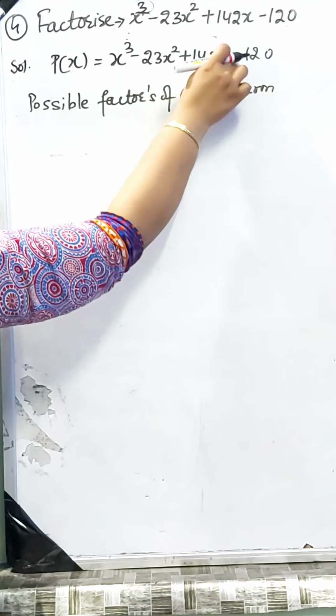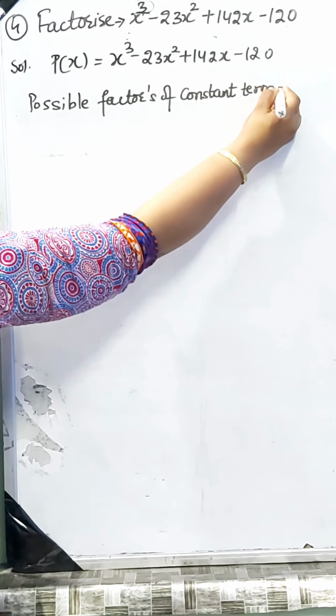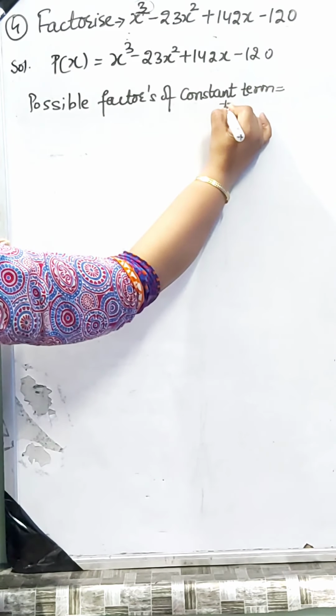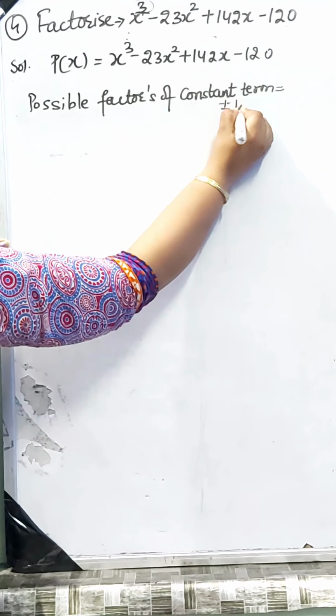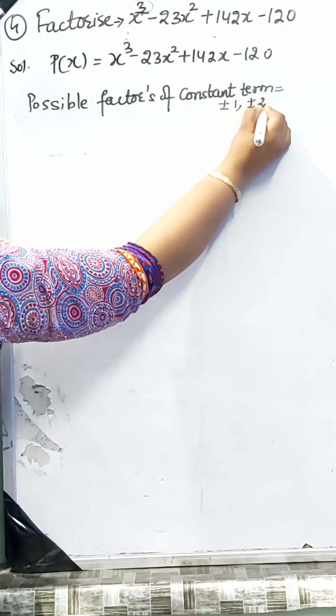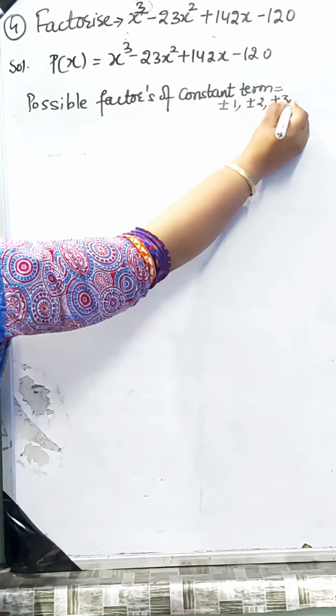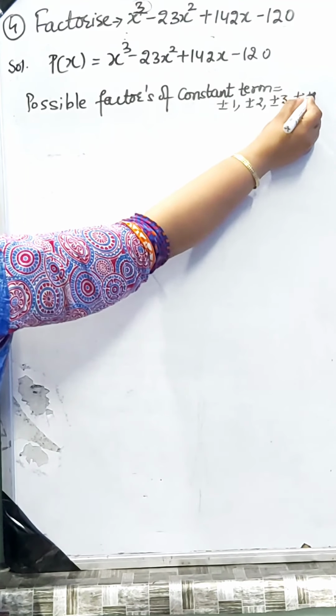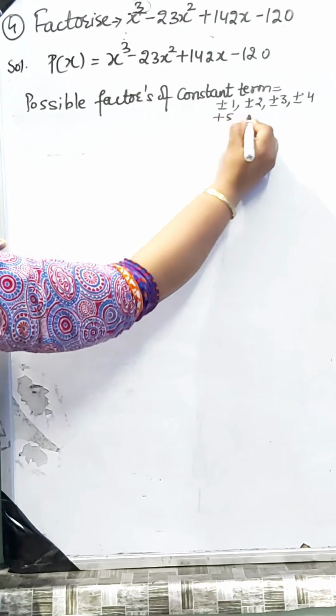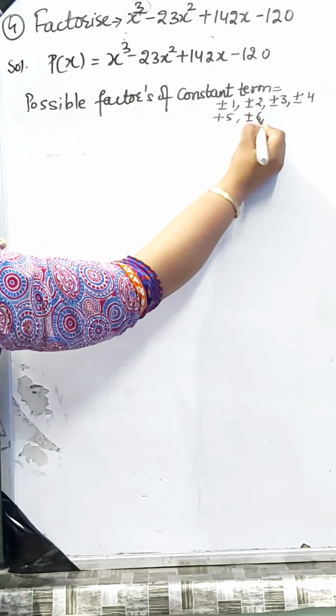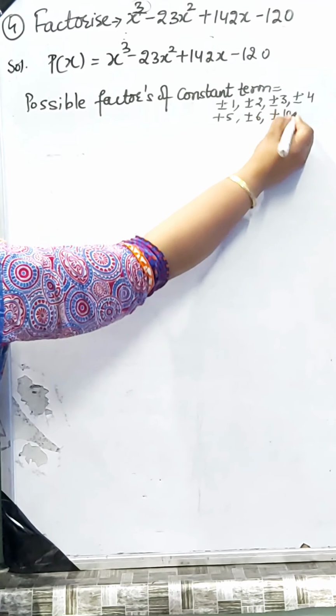Here the constant term is minus 20 and the possible factors of the constant term are plus minus 1, plus minus 2, plus minus 3, plus minus 4, plus minus 5, plus minus 6, plus minus 10 and plus minus 12.